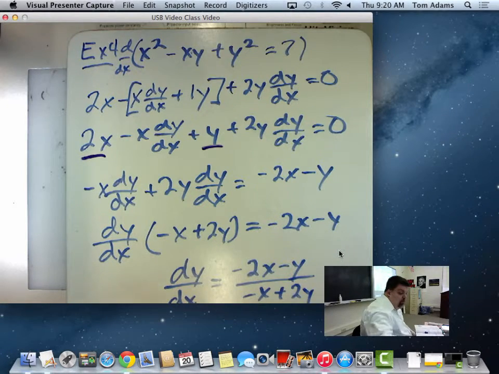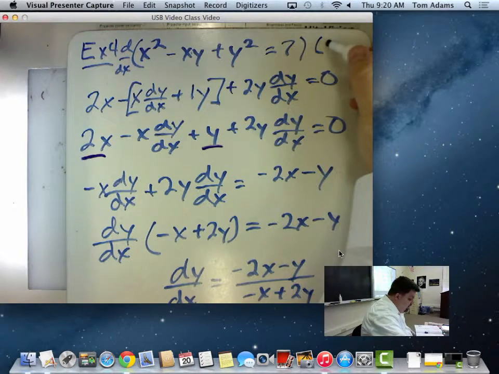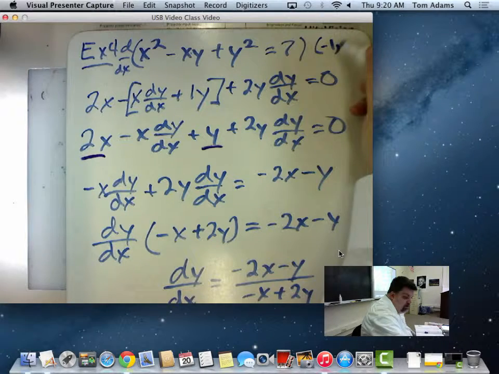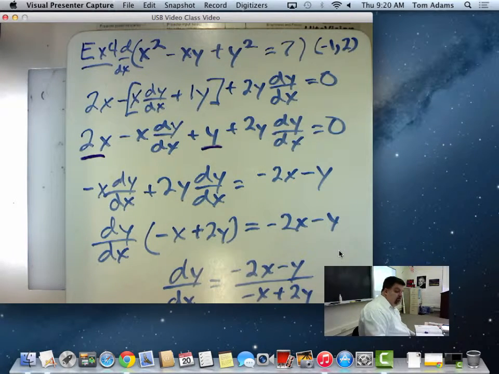Now, they gave us a point and they said calculate the slope of the tangent line at the point negative 1, comma 2. I think I said that wrong, but I meant it right in my head. We're going to try to write the tangent line at the point negative 1, comma 2.